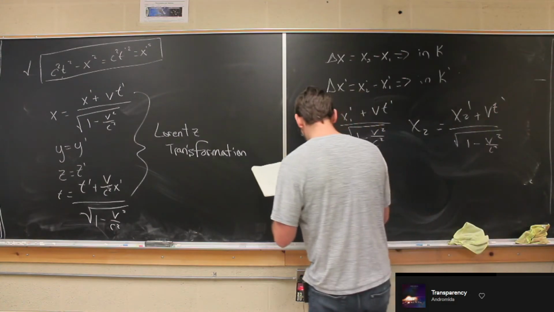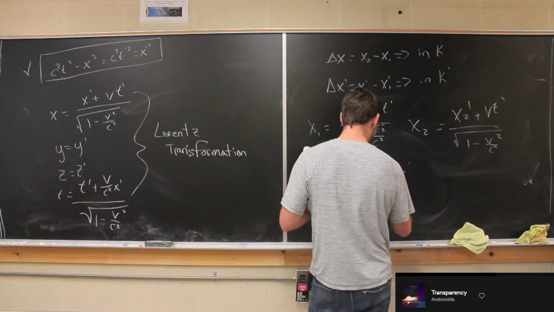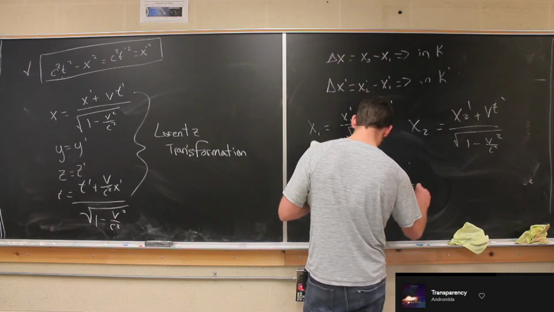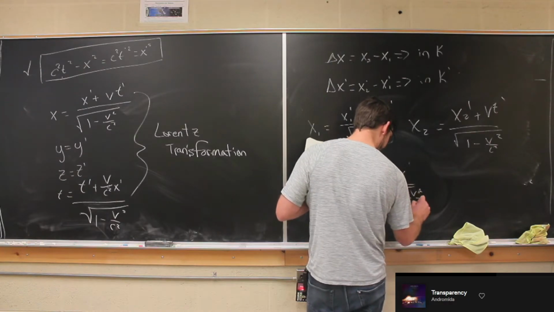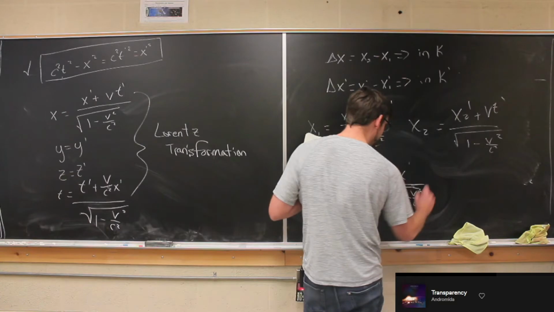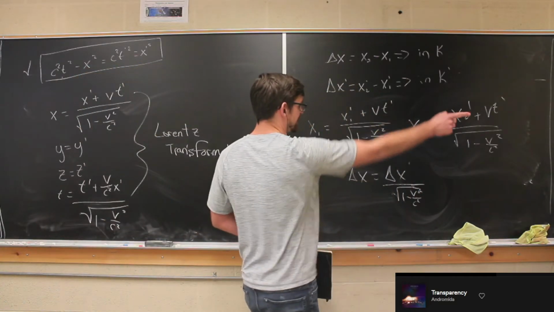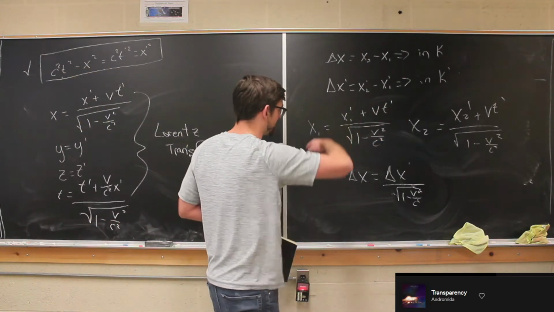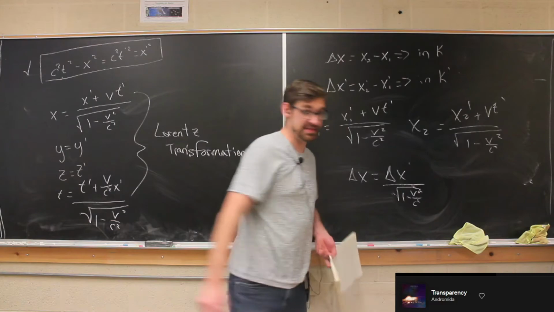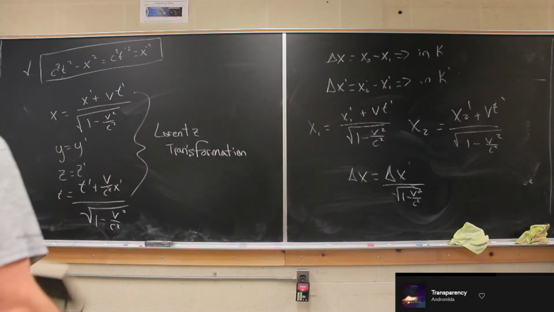And then lastly, we're going to have delta x equal to delta x prime divided by the square root of 1 minus v squared over c squared. Now, this is pretty straightforward. Once we subtract the two, the vt terms get subtracted away, and we just have x2 prime minus x1 prime over our denominator. And then we can rearrange this and redefine some labels.